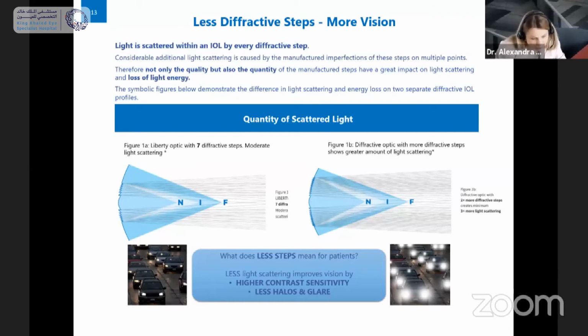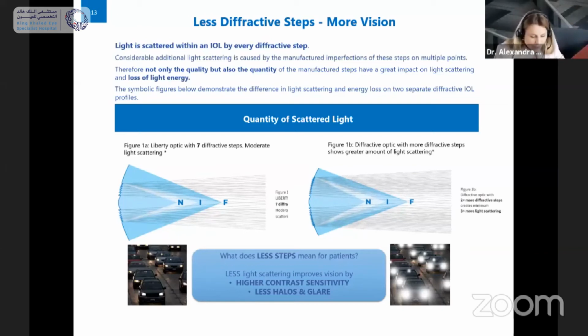And when there are steps, there is precision in producing the steps, so each imperfection also causes loss of light. But not only the quality, also the quantity of the steps is important for the loss of light energy.